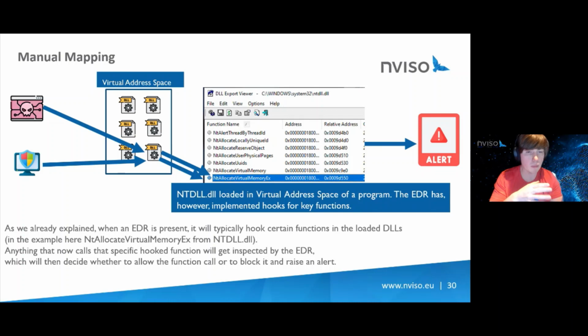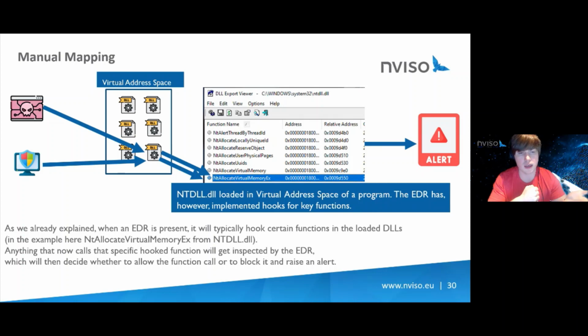You would have malware. Malware is trying to call an exported function of, for example, ntdll. Say my malware wants to call NtAllocateVirtualMemory. Well, turns out they have an EDR in place. That EDR is also hooking NtAllocateVirtualMemory. So what happens now is my malicious software will call the hooked function.